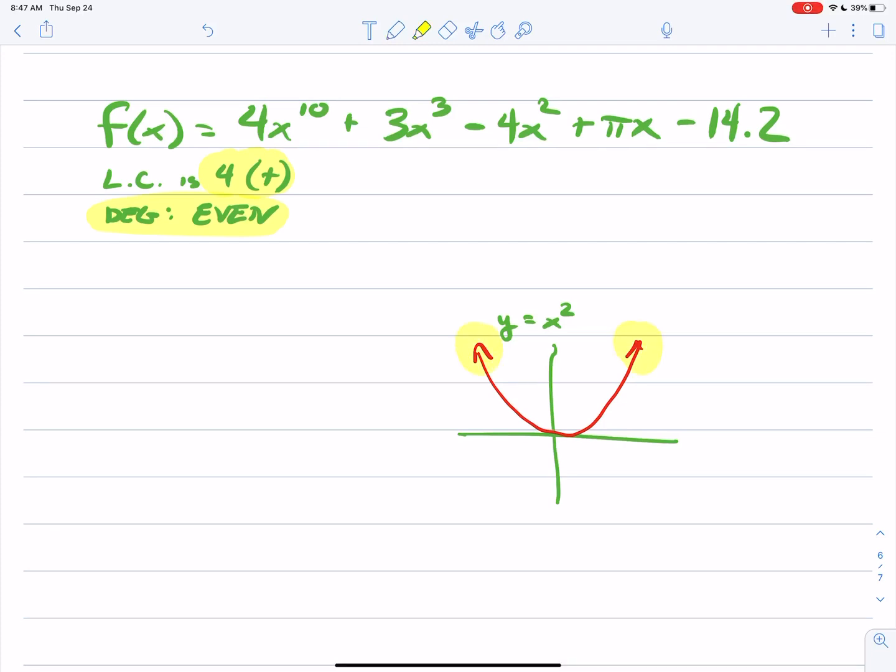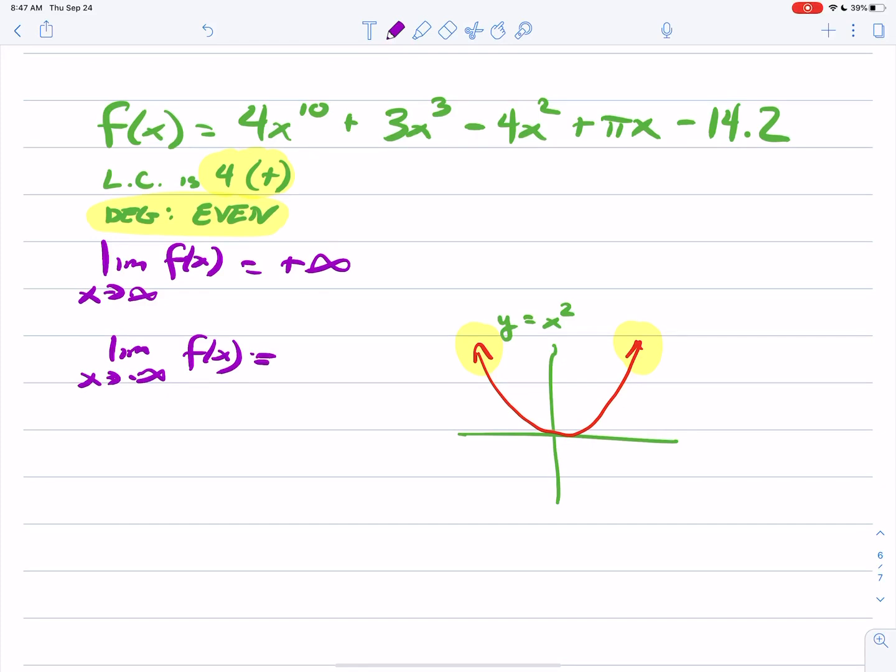So both end behaviors, the limit of f of x as x approaches infinity should be far up. And as x approaches negative infinity, my handwriting gets better and better each time, negative infinity, that should also be far up to positive infinity.